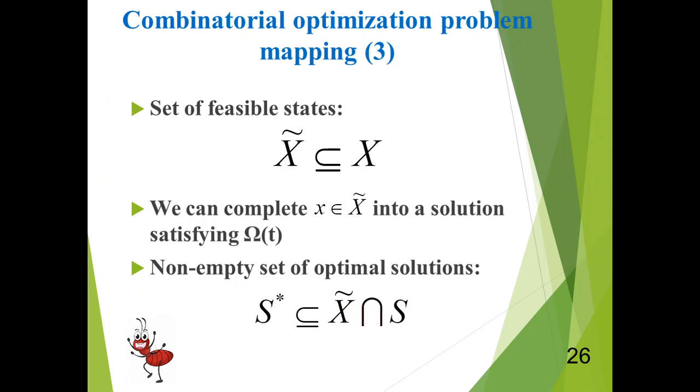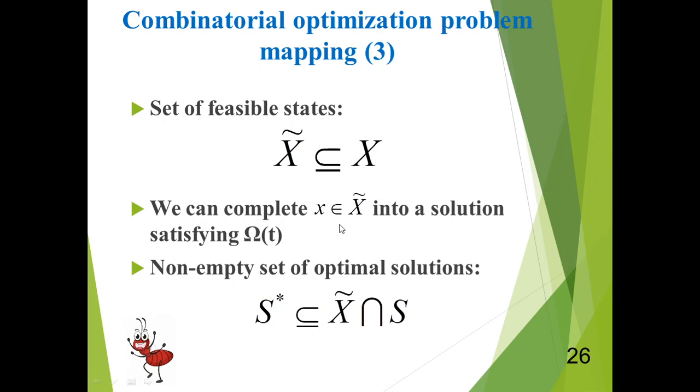Number three, problem mapping. The set of feasible solutions is less than or equal to X. We can complete X into a solution, specifying Omega, a non-empty set of optimal solutions.